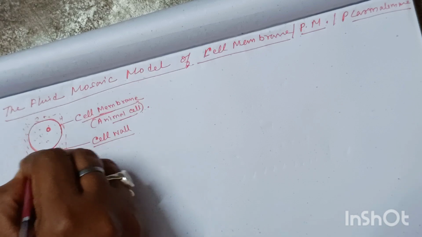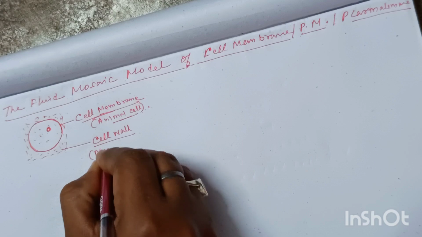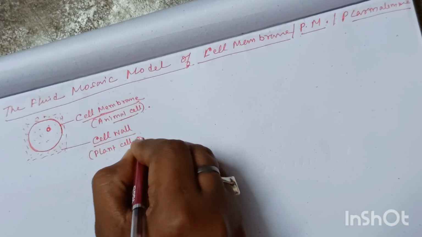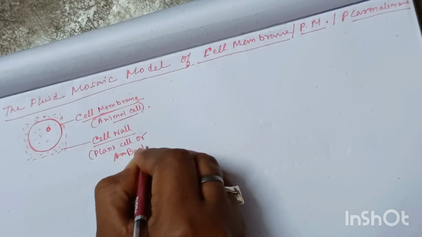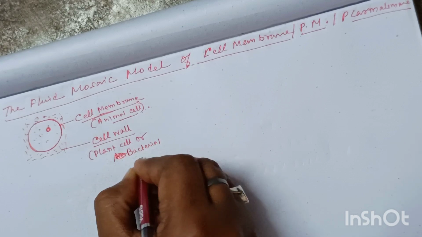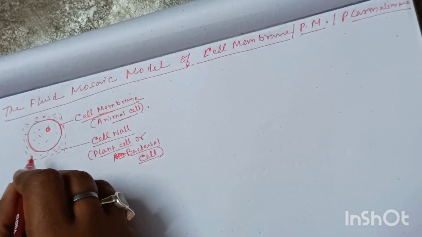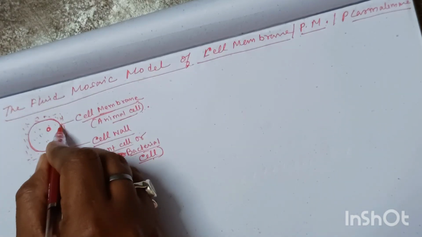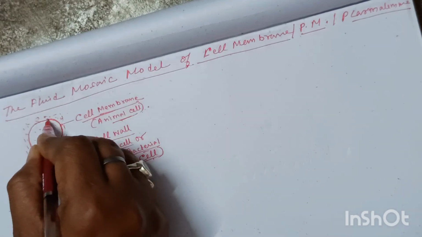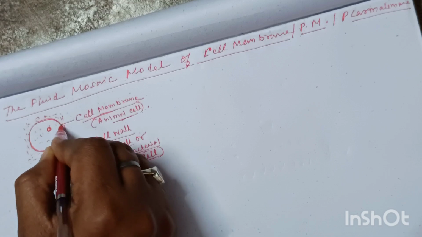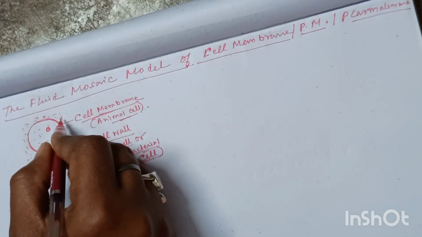Another boundary develops outside of the cell membrane, which is called the cell wall in case of plant cell or bacterial cell. So in a plant cell or bacterial cell, the cell membrane remains inside of the cell wall. But in an animal cell, the cell membrane is the outermost lining of the cell that differentiates the cytoplasm from the outside of the cell.